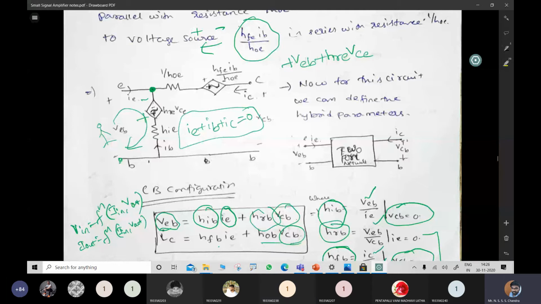Next I have current opposing the observer. Current IB is opposing the direction of the observer. So if the current is opposing, we will be writing it as a rise in voltage. So we will be writing it as plus HIE into IB.